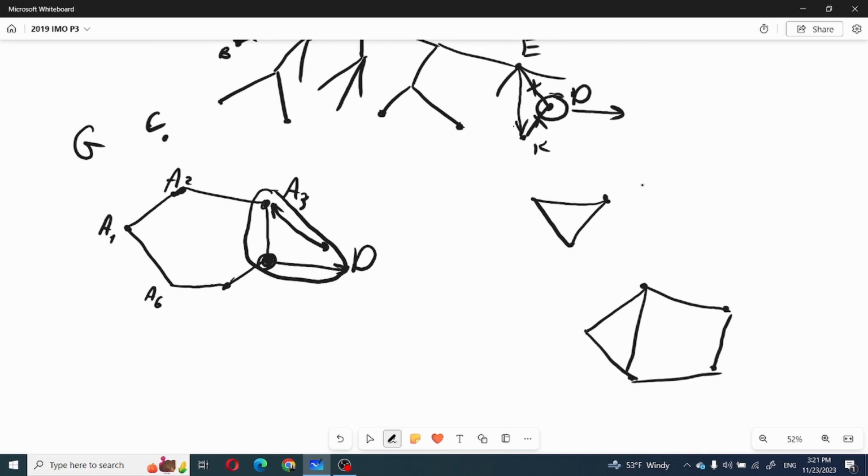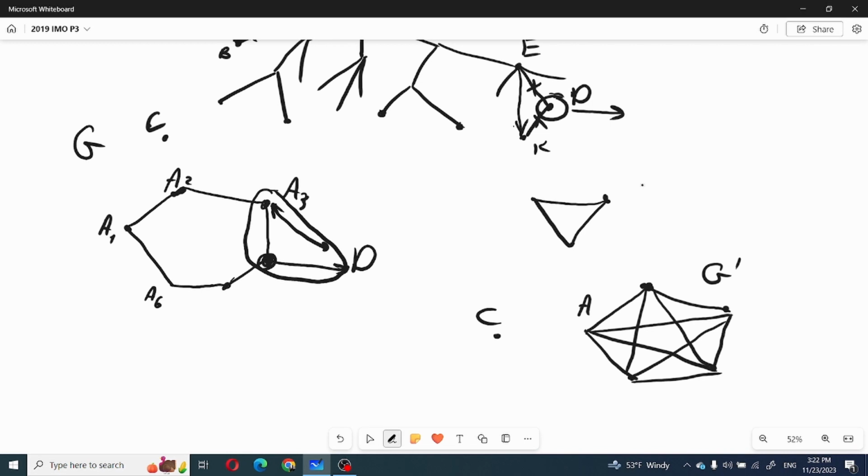With similar logic, there will exist another vertex which will be connected to at least one of these vertices. Call this C. C is connected to A. Clearly, C can't be connected to all of these vertices because we have taken this, call this G prime, to be the maximum size clique in G.